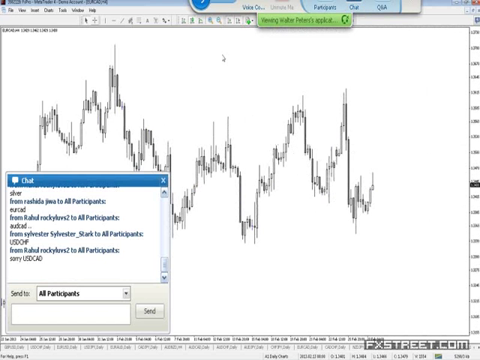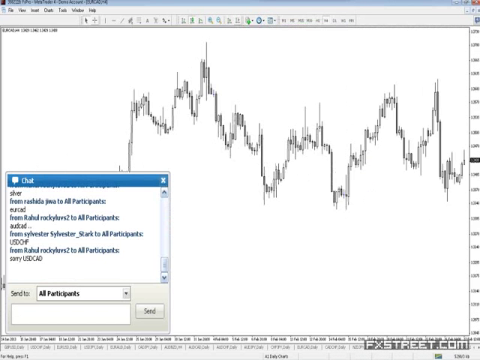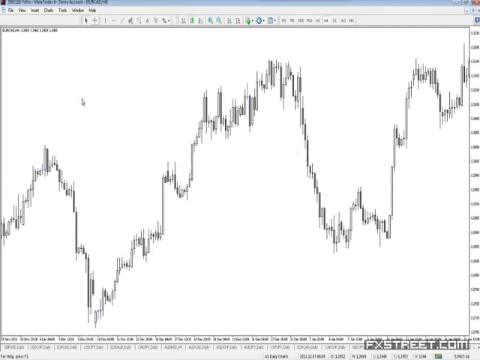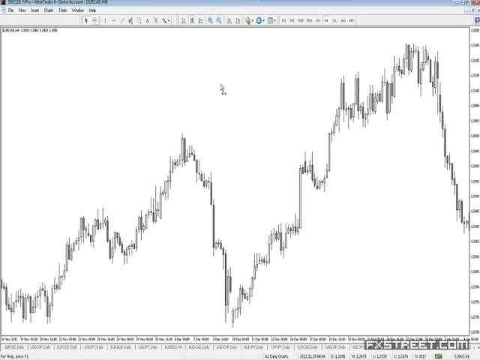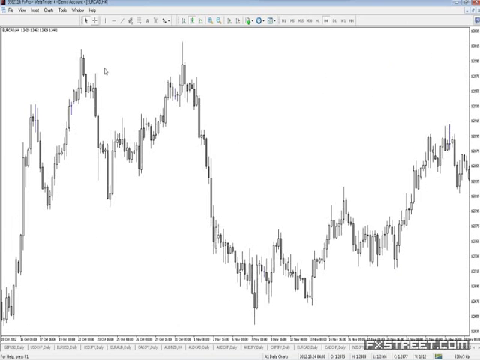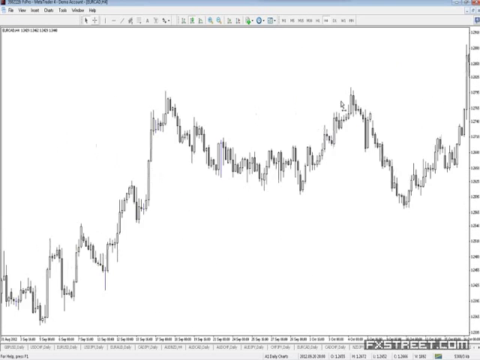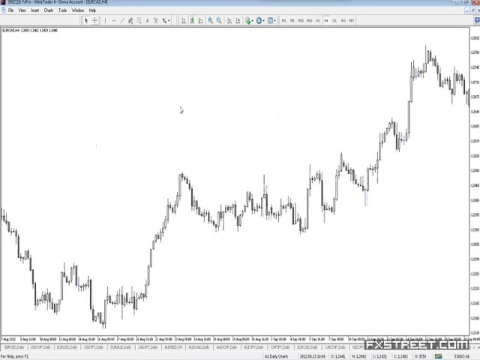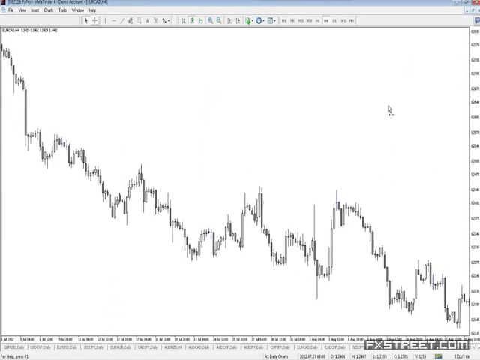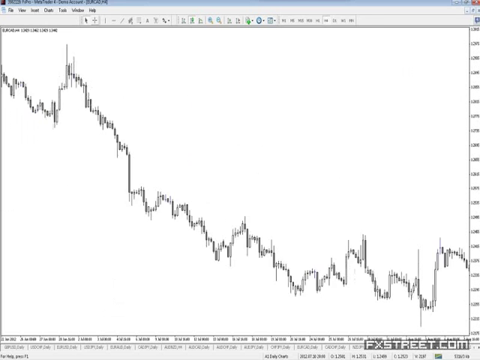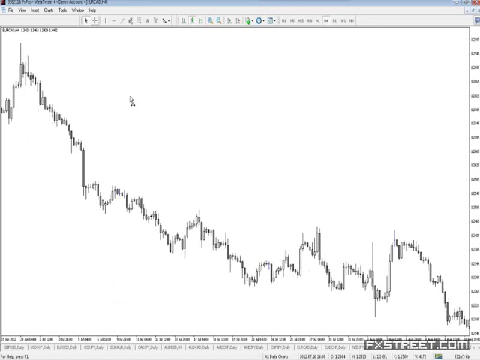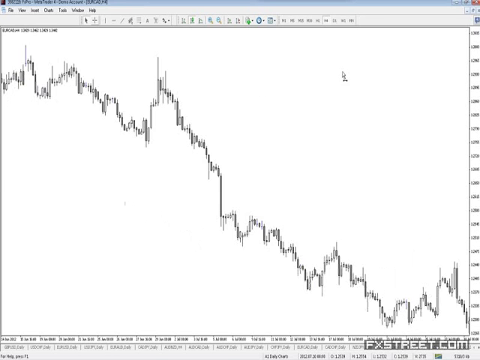Okay, so let's scroll back and let's see if we can find what I'm talking about. Does it happen on the EuroCAD chart? What I'm looking for is an area of consolidation or an obvious sort of trend line. Either one works, really.